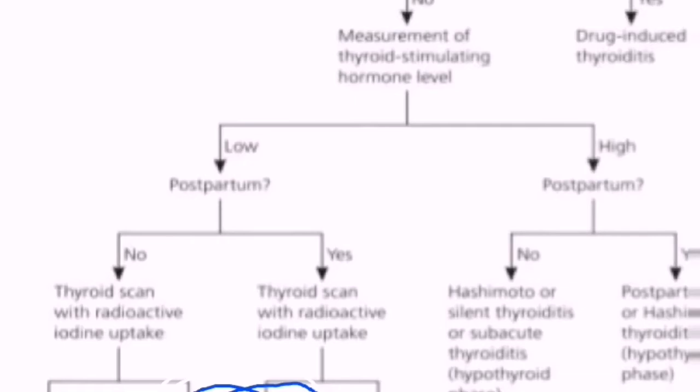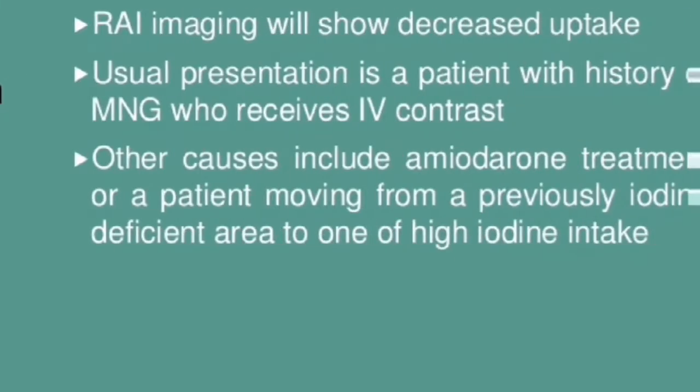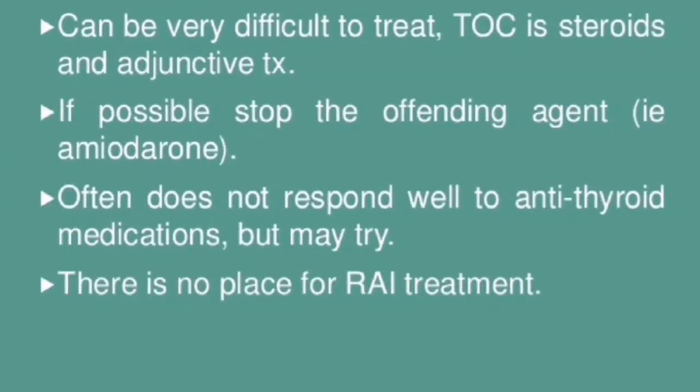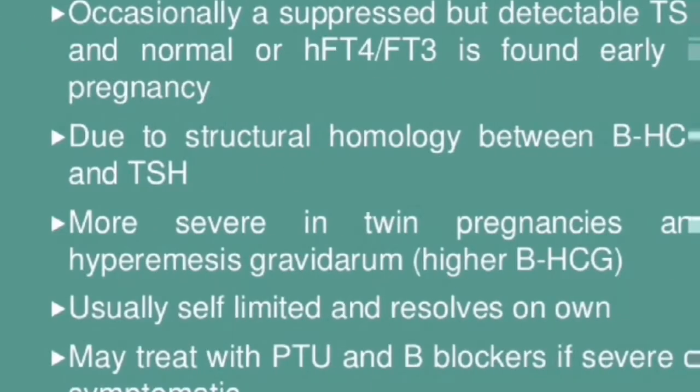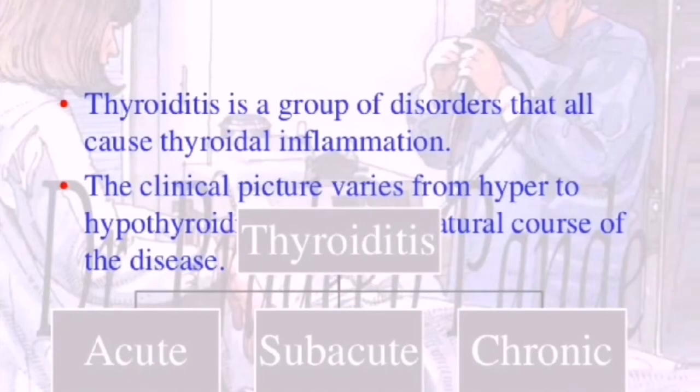Now you can see here in the next slide about iodine-induced hyperthyroidism. Now starting about some thyroiditis. Thyroiditis is a group of disorders that all cause thyroid inflammation. The clinical picture varies from hyperthyroidism to hypothyroidism.